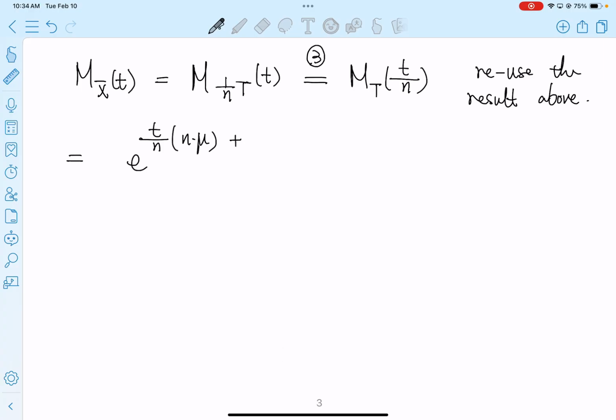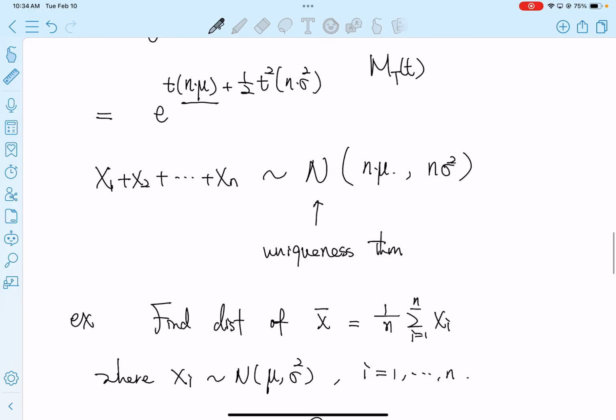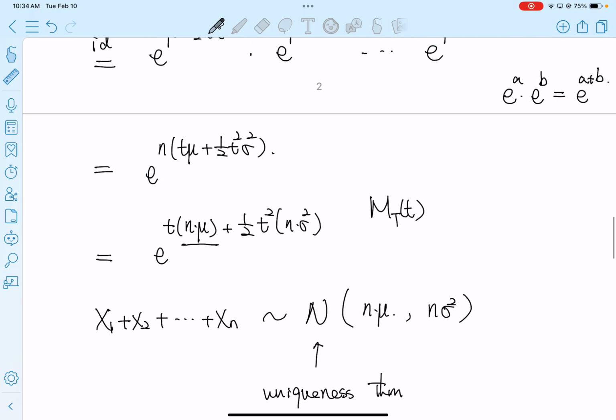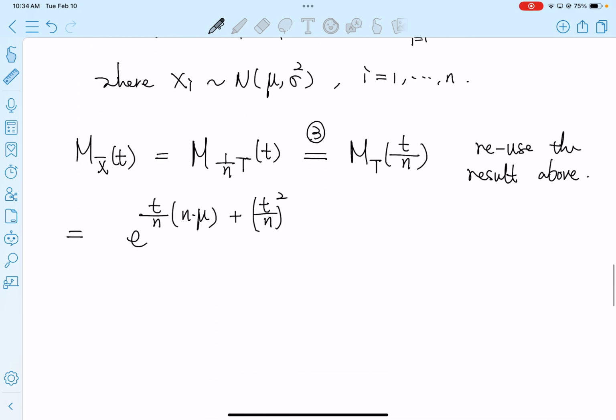Plus, let's continue reading from the previous result: t squared. Whenever you see a t, you need to replace it by the new input. So the new input is t over n, and then taking the square. And then there's a 1/2.